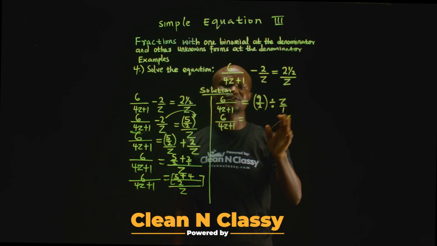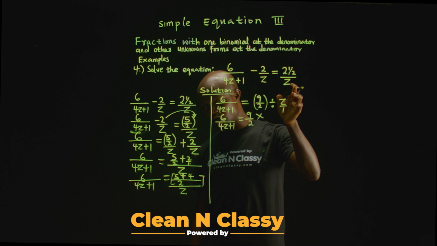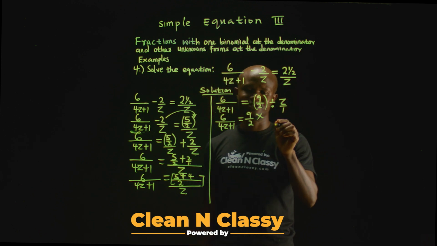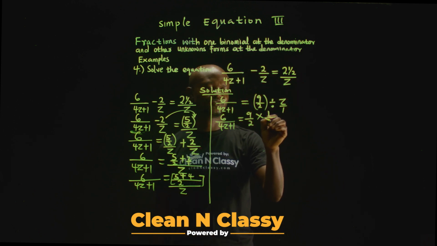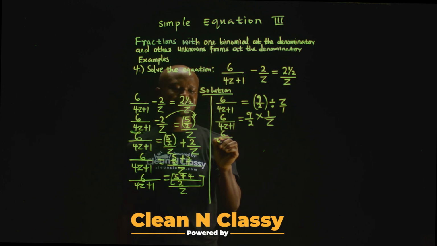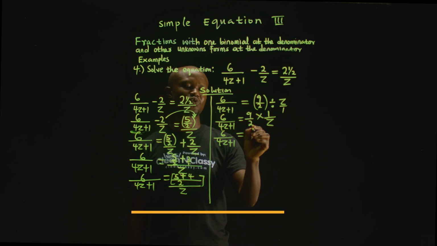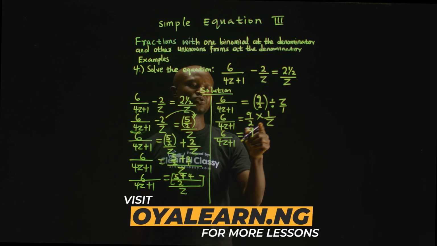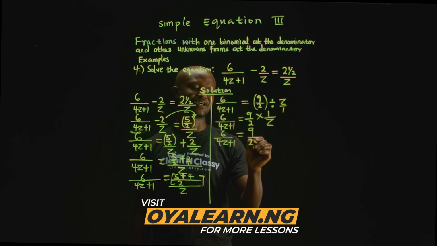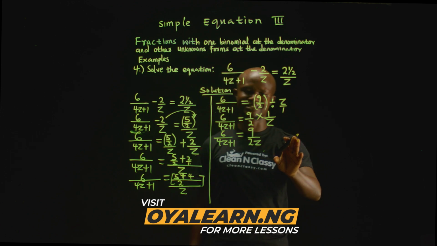Changing division to multiplication, what do we have? 9 divided by 2 times the reciprocal: the denominator becomes the numerator, the numerator becomes the denominator, 1 over z. So we have 6 divided by 4z plus 1 equals, 9 times 1, we have 9, 2 times z, we have 9 divided by 2z. Now we have simplified the right hand side.